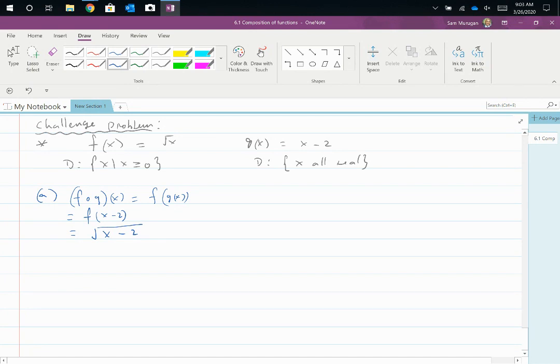Now the domain for the square root is all input that makes x minus 2 non-negative.